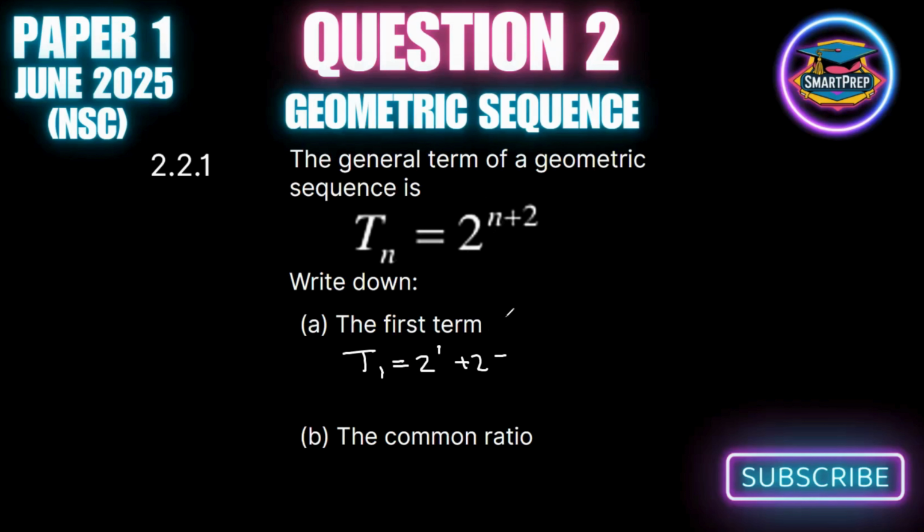Sorry, I'm being silly here, putting the 2 in the wrong place, right? n is 1, plus 2. 2 to the 3 is 8. Okay, and the common ratio is going to be 2.